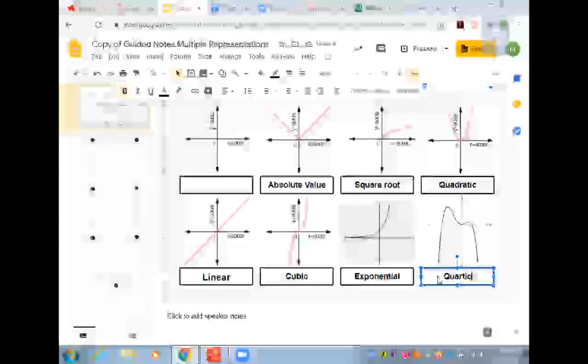So we still don't have a name though for this top left one. It's just a horizontal line, more specific than linear.